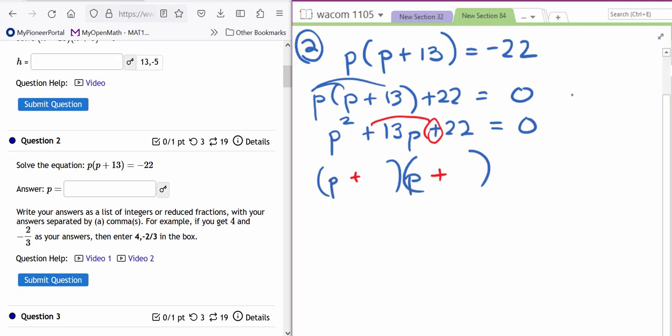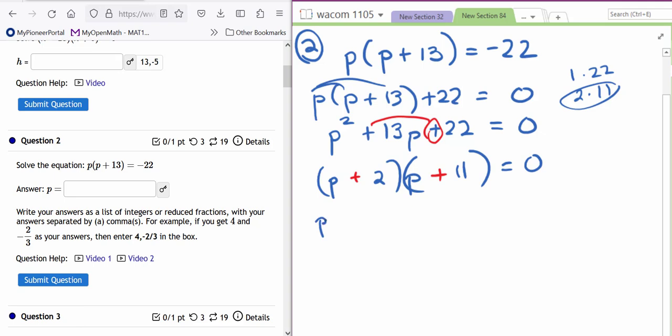Split your p's, and we're multiplying to get 22. So we can do 1 times 22 or 2 times 11. They're going to add to give 13, so 2 and 11. And they're both plus, so it doesn't matter where we put them. Now we have the proper form. Make sure you check 11p plus 2p, 13p, because if you factor wrong, the next step's going to be wrong.